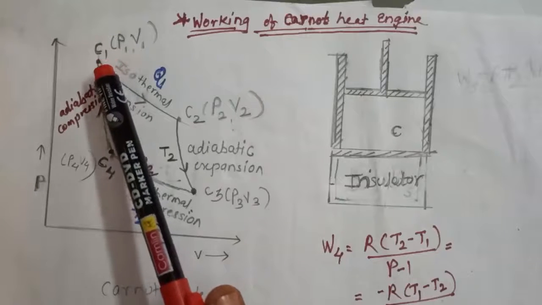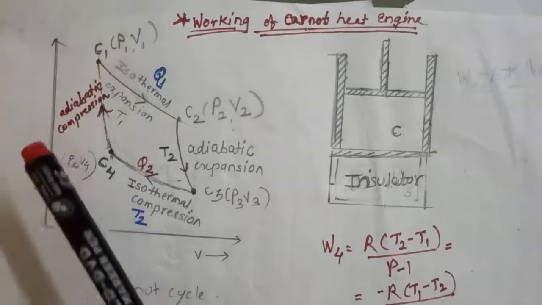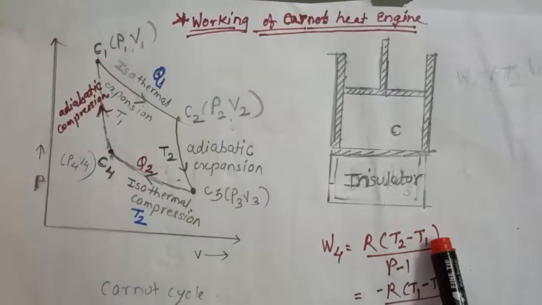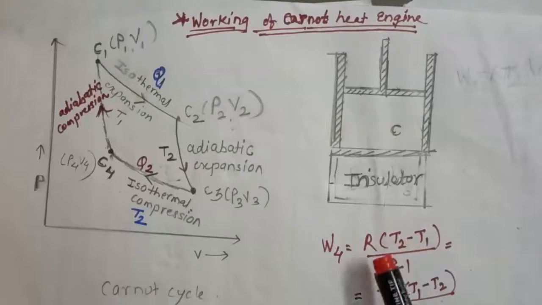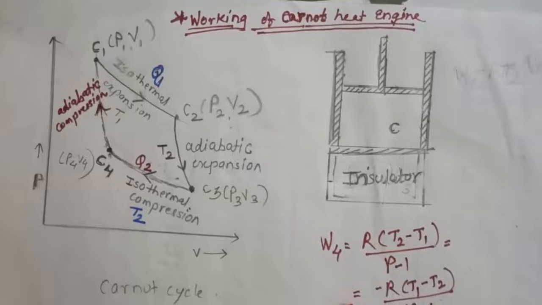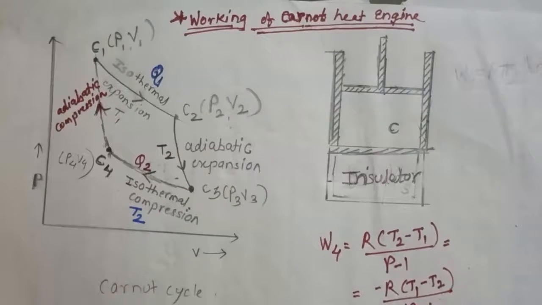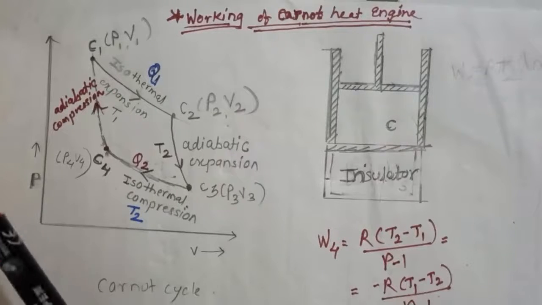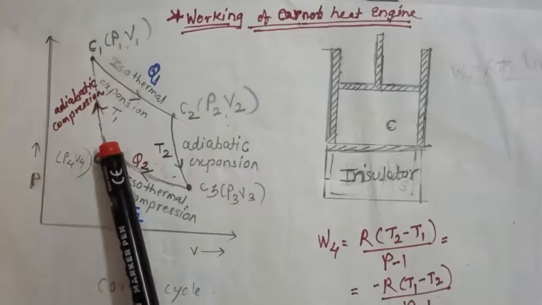Then work done during adiabatic change, W4 is equal to R (T2 minus T1) divided by gamma minus 1, but T1 is greater than T2, therefore W4 is equal to minus R (T1 minus T2) divided by gamma minus 1, and this change is represented by the curve C4 C1.